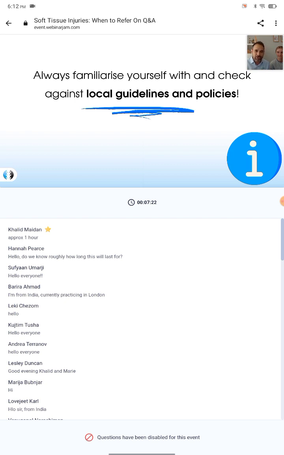All these things come into account. So please always familiarize yourself and check against what your local guidance and what your local policy says, as that will ultimately dictate exactly what you do. However, as I said, Marie and I will guide you through everything that we possibly can when it comes to these kind of injuries.